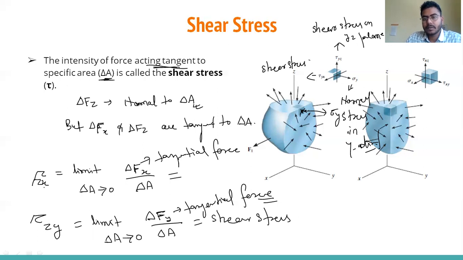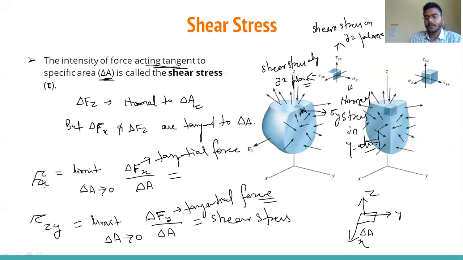Similarly, we can write shear stress along the yx plane. We have to find the plane and the area. Here in this case, this is delta A, and delta F is along x, and normal to this xy plane is z.